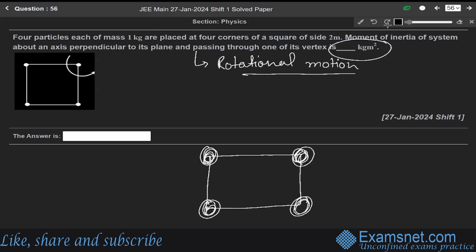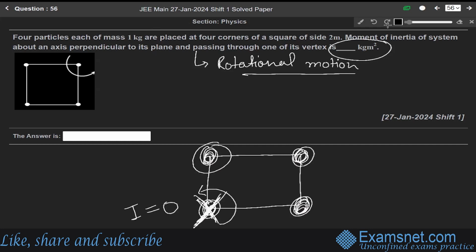Let us say we have to find the moment of inertia of the system about an axis perpendicular to the plane and passing through one of its vertex. Let this vertex be this. So if the axis is passing through this vertex, the moment of inertia about this will be 0.